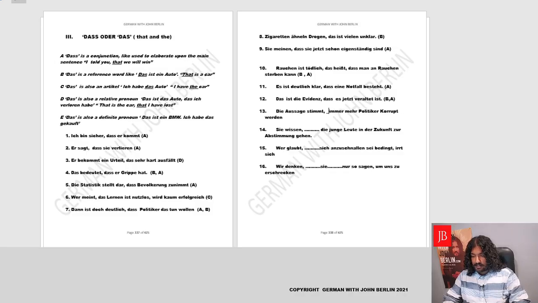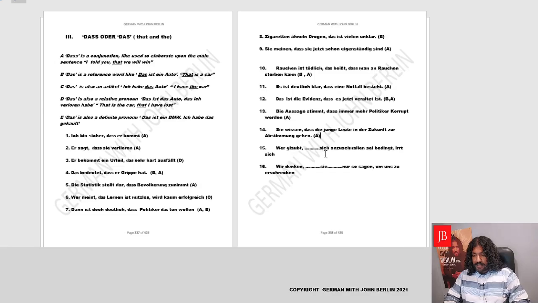Let's write here "dass". That is Option A. Sie wissen, dass die jungen Leute in der Zukunft zur Abstimmung kommen. So they know that the young people in the future will come to vote. So basically, what do they know? They're elaborating. The conjunction is "dass". Fantastic. Let's write "dass". That is Option A.